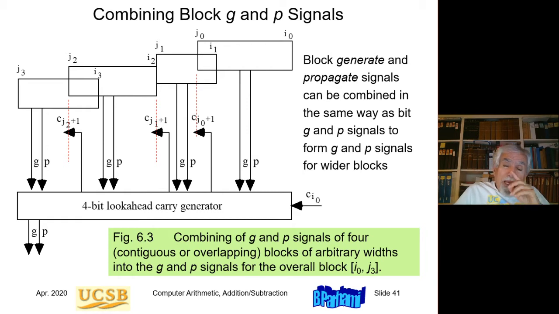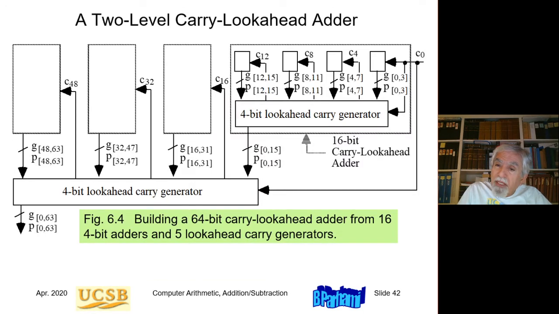So Carry-Lookahead adders are basically hierarchical, multi-level structures that start with small blocks, then build up to wider and wider blocks until we get to the width that we require for our addition. This will become clear in a subsequent diagram. In fact, right here. So here I've shown the structure of a 64-bit Carry-Lookahead adder.